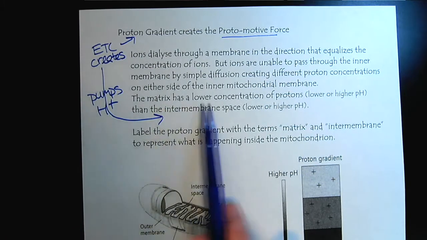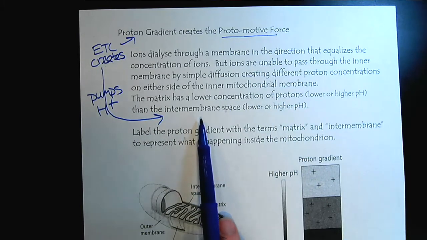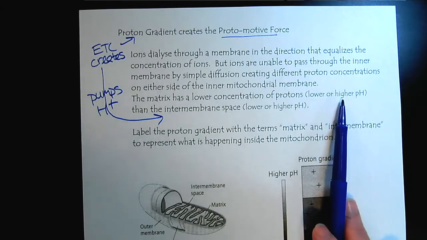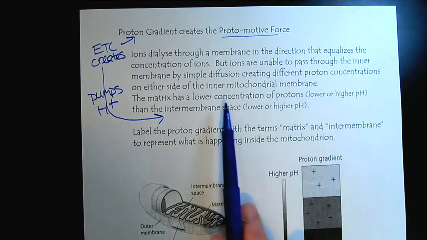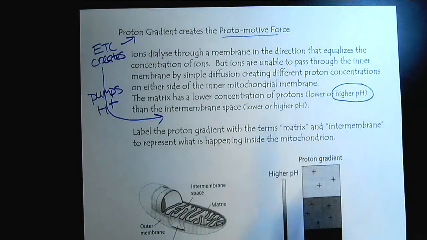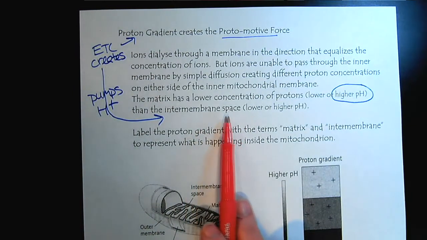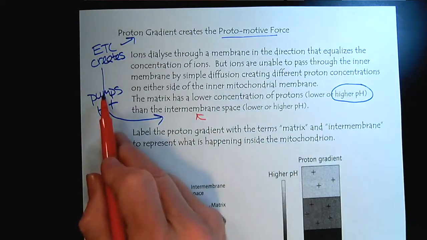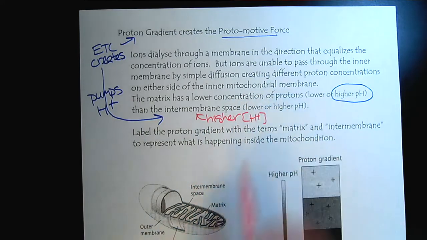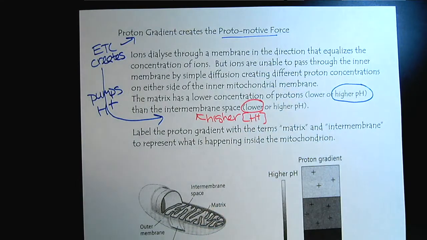If the matrix has a lower concentration of protons compared to the intermembrane space, is the pH lower or higher? Remember that inverse relationship. A lower concentration of protons means a higher pH. And the intermembrane space has a higher concentration, because the protons have been pumped in. Remember that a higher proton concentration leads to a lower pH.